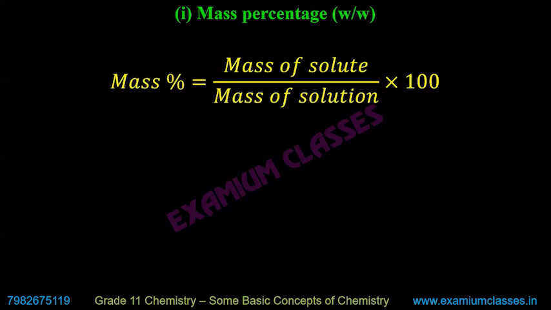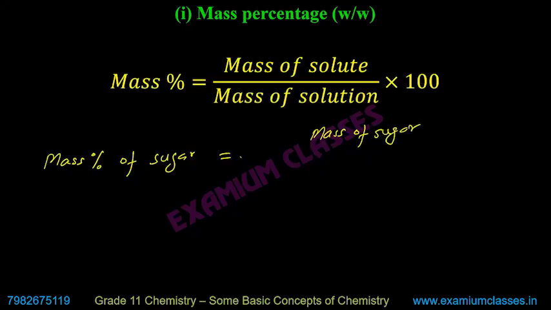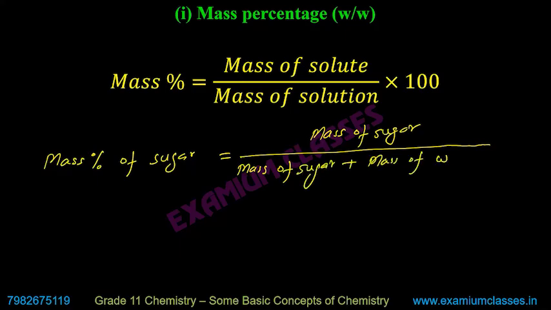So for a sugar solution, mass percent of sugar will be mass of sugar divided by total mass, that is mass of sugar plus mass of water, into 100. This is what we will write to get the mass percent of sugar.